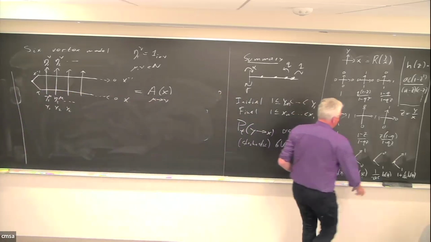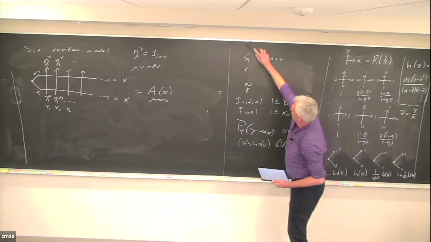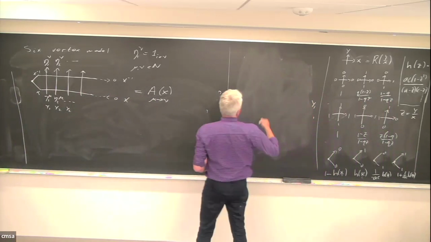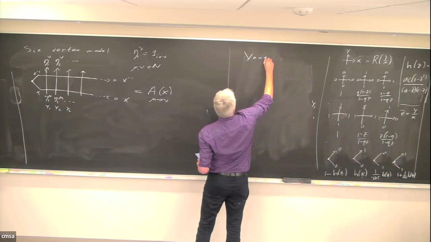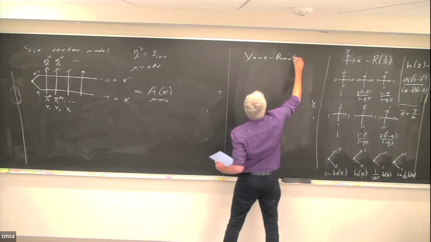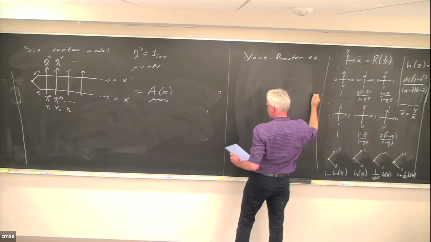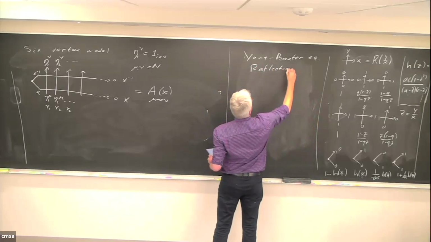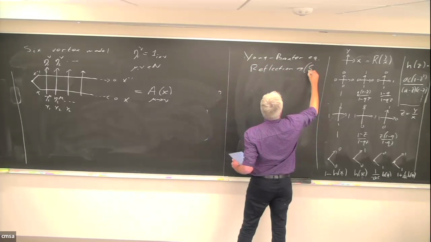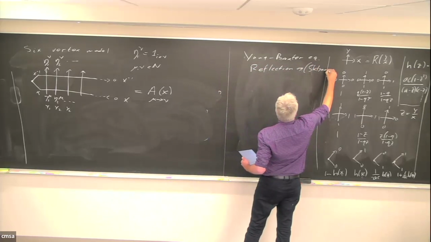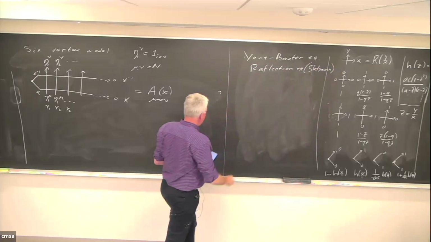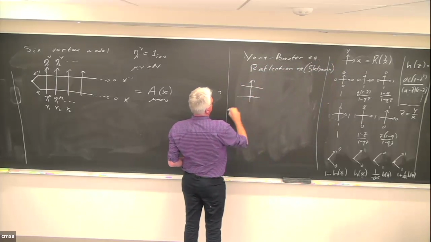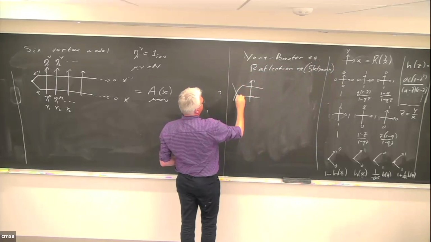Maybe also while I'm here, these weights are chosen such that you have the Yang-Baxter equation and also the reflection or boundary Yang-Baxter equation, which is due to Sklyanin. And that says the following. I guess everyone here has seen this before.